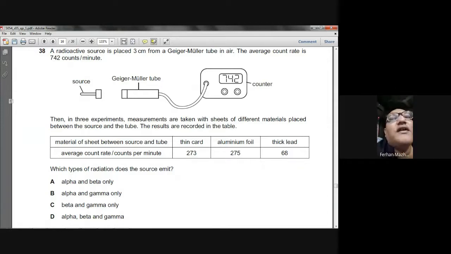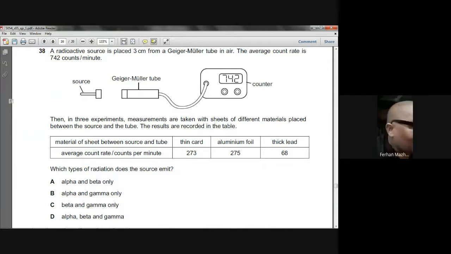So if you put an aluminum foil between the source and the GM tube, the detector, alpha particles definitely cannot pass through the paper, so how could they pass through the aluminum foil? Beta particles also cannot pass through the aluminum foil.